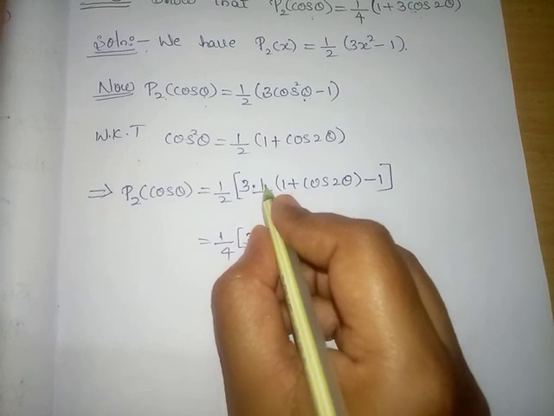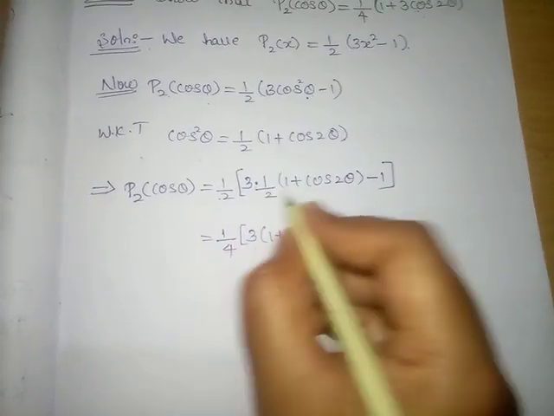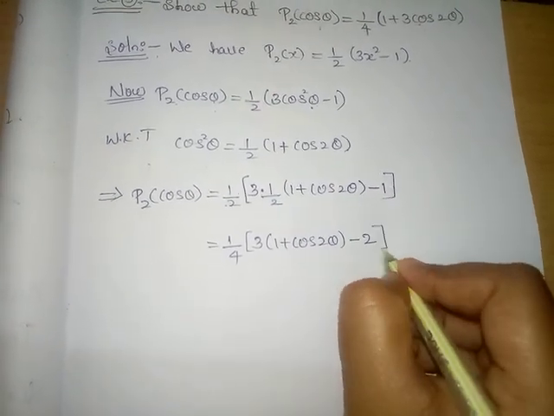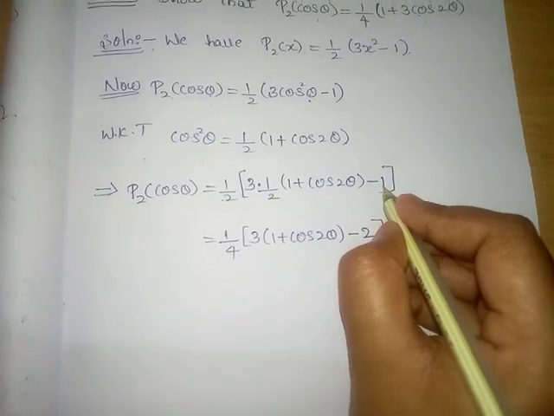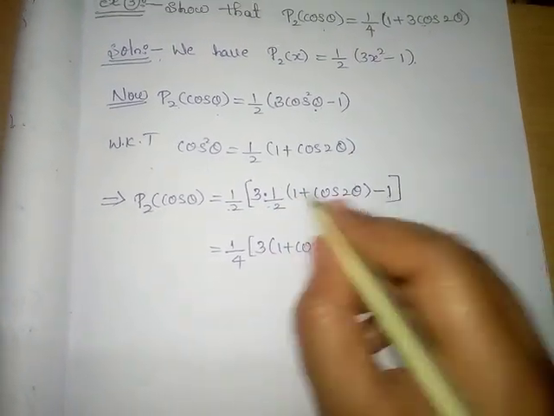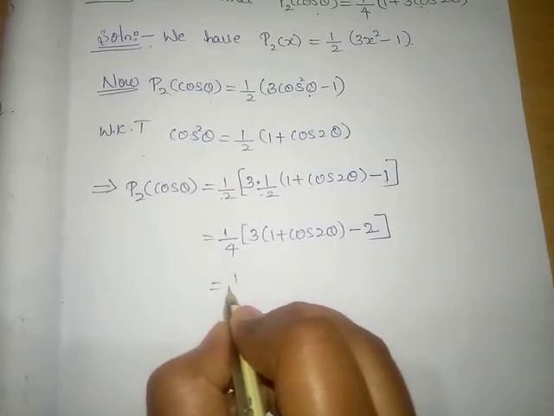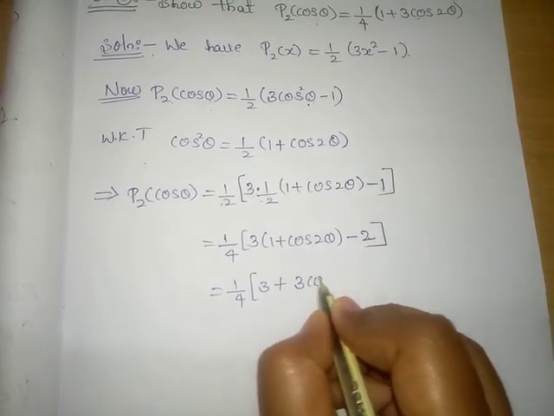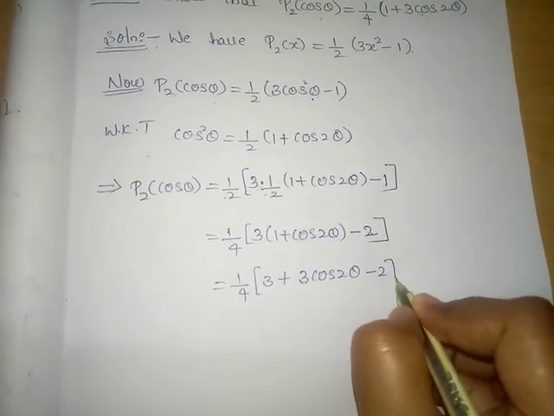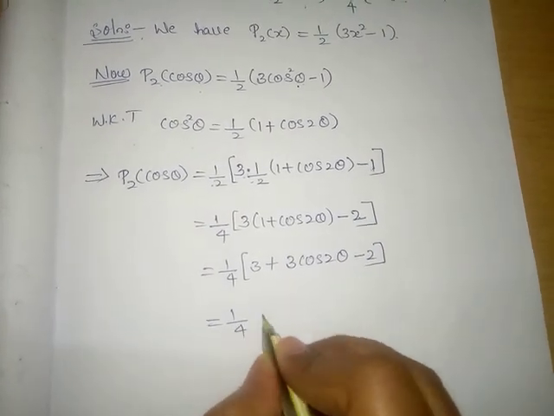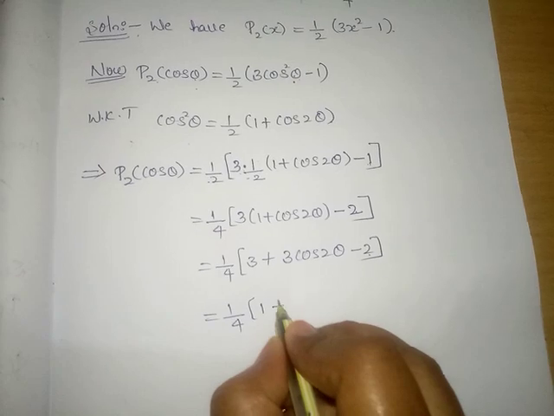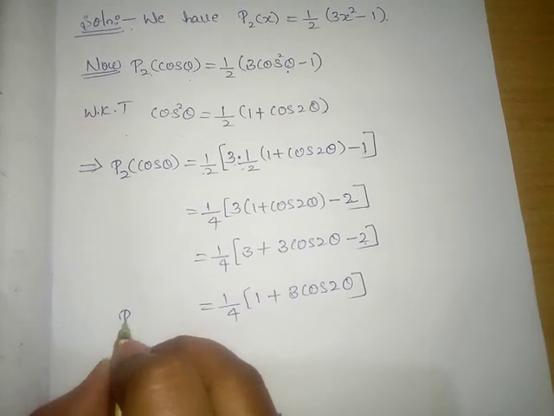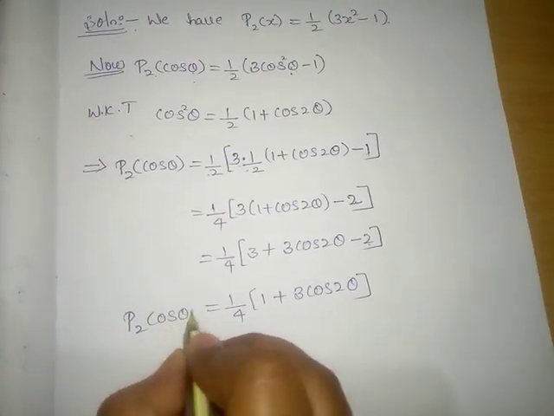This I am taking half outside this bracket, means here I am taking LCM, that is the meaning, into minus 2, it will be minus 1 changes to 2 because I am taking 1 by 2 common from these two terms, which is equal to 1 by 4 into 3 plus 3 cos 2 theta minus 2, which is equal to 1 by 4 into 3 minus 2 is 1, 1 plus 3 cos 2 theta, which is our required result.